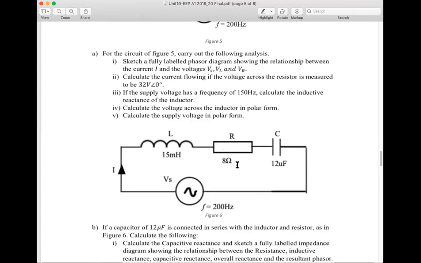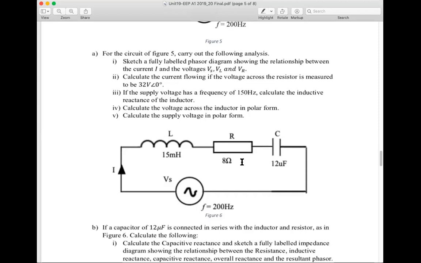Then you can use Ohm's law to calculate the voltages across both the resistor and the inductor, and then add the two voltages together to get the supply voltage.